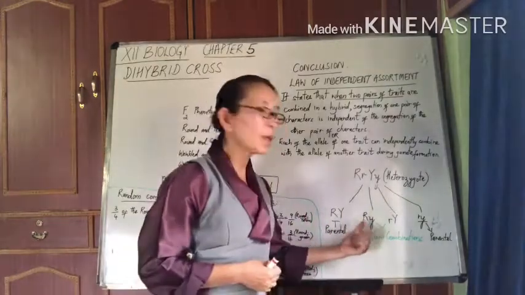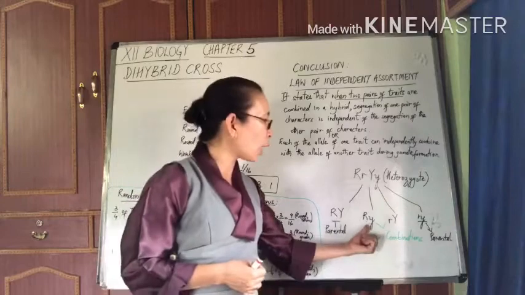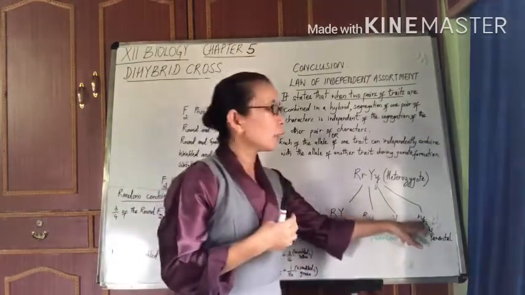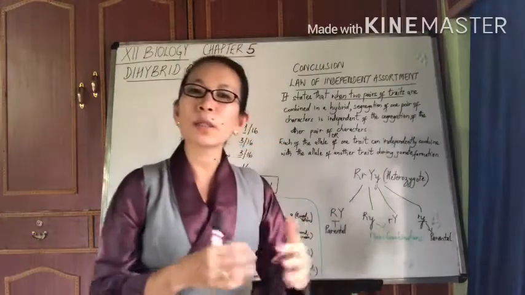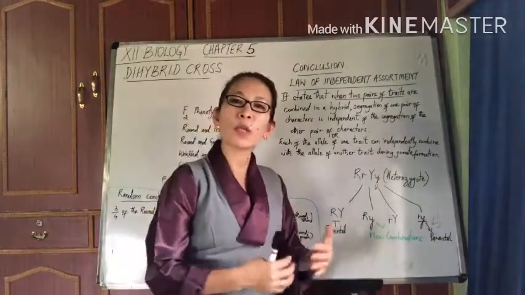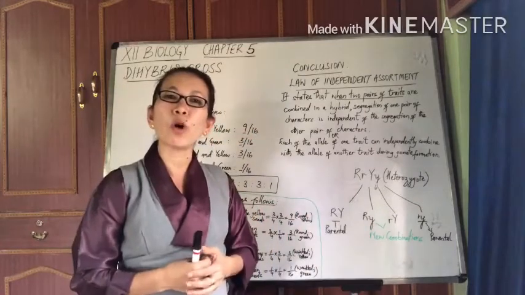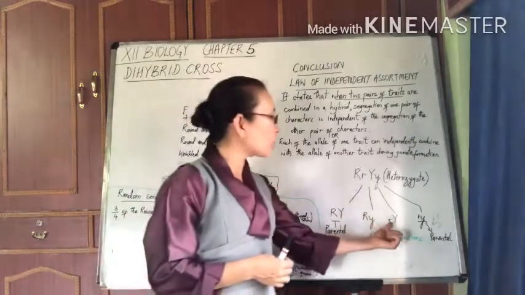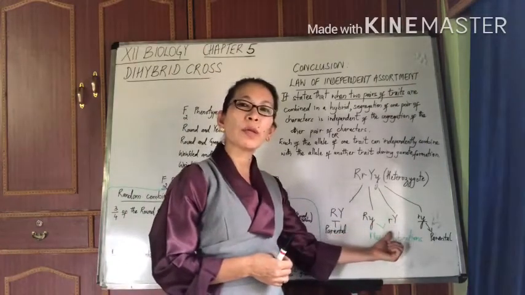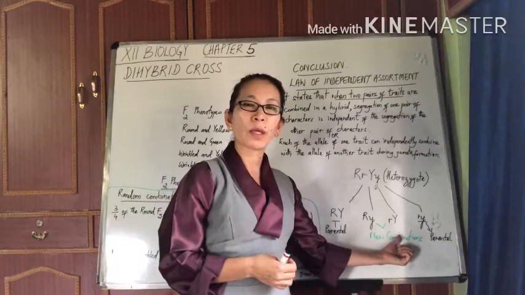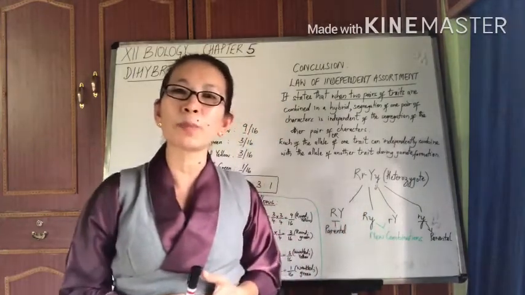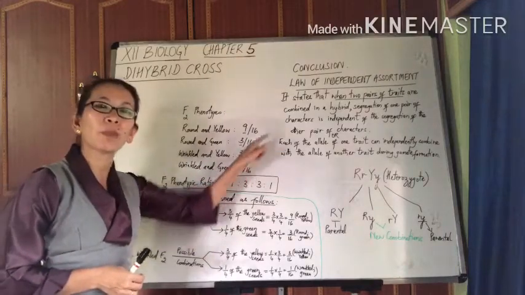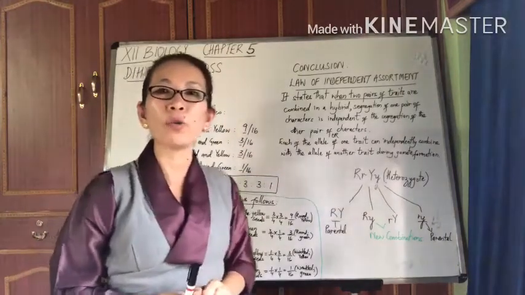Now here we have a gamete combination which can result in round and green, which is a new combination. Likewise, the parental combination was purely wrinkled green, but because we can expect independent assortment of the alleles of one trait with that of another trait, we can also have a combination of wrinkled yellow. Some of the progeny can express wrinkled yellow as a new combination because of independent assortment of alleles.